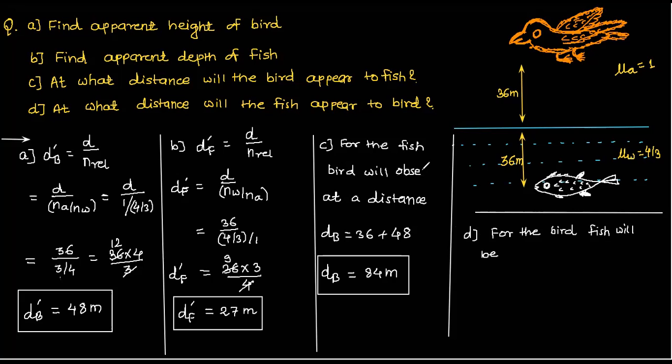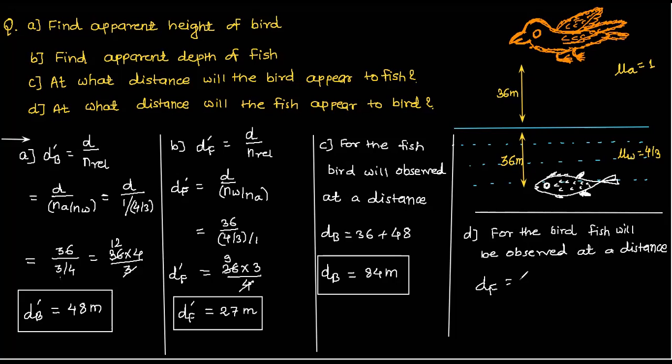How much is the distance of fish? This is 27 for the bird and this is 36.